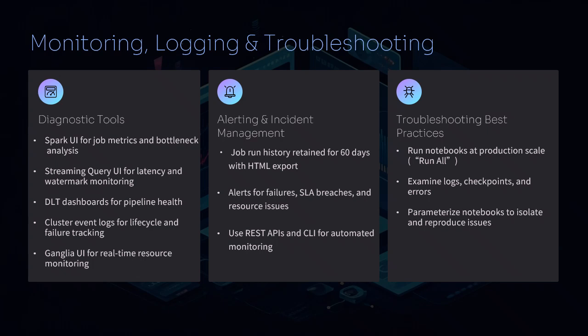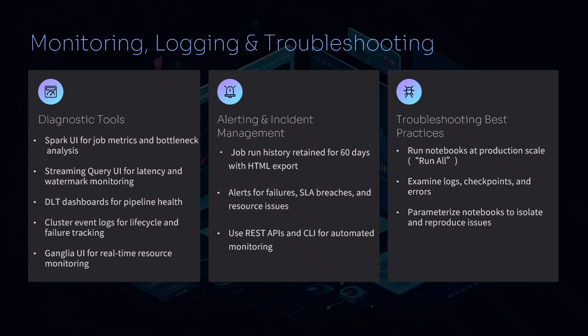For production stability, job run history is kept for 60 days and can be exported to HTML for auditing. Setting up alerts on job failures, SLA breaches, and resource bottlenecks is critical, often automated through Databricks REST APIs and CLI integrations.